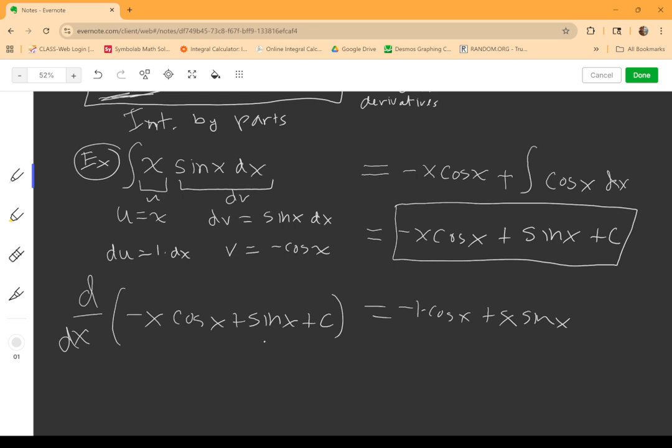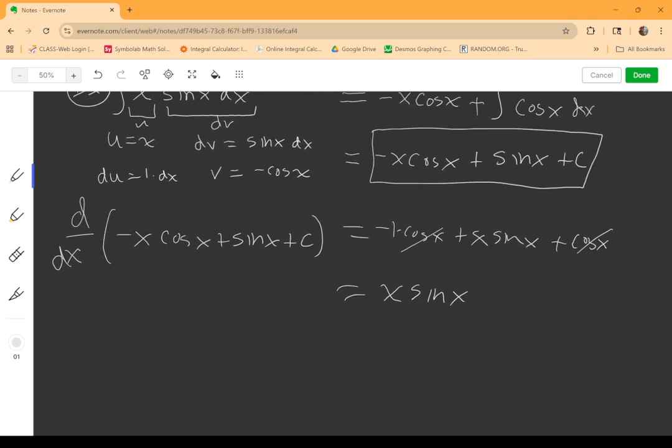And then the derivative of cosine is plus cosine x, and the derivative of c is 0. We see that goes away, and we get x sine x. So that checks out. Great. So we see this undoing of the product rule of differentiation.